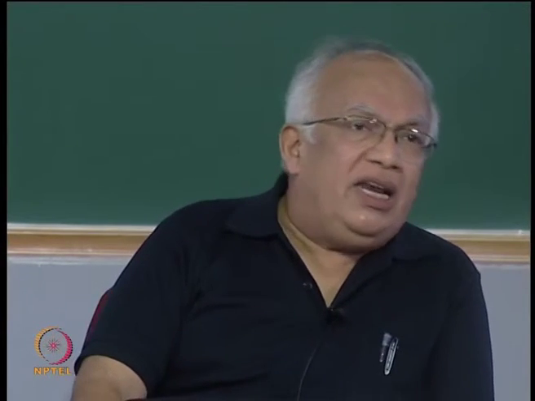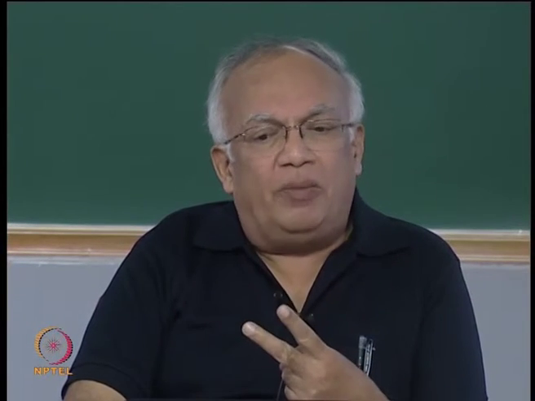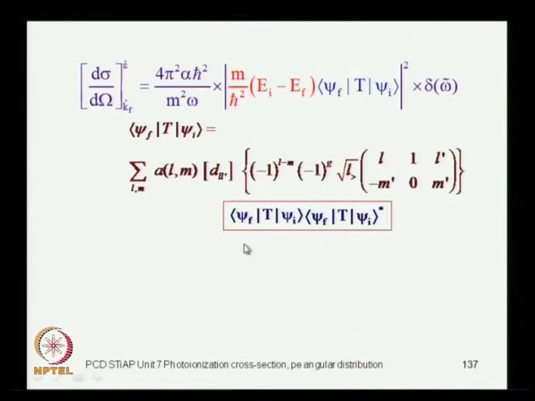However, you do not need these infinite summations because you are working within the dipole approximation. So, transitions only to delta L equal to plus or minus 1 will be involved. So, you will have to deal with fewer terms, and then when you take the modulus square you have the psi f T psi I and then the complex conjugate of that. Okay. So, this is the modulus square that you are going to need.